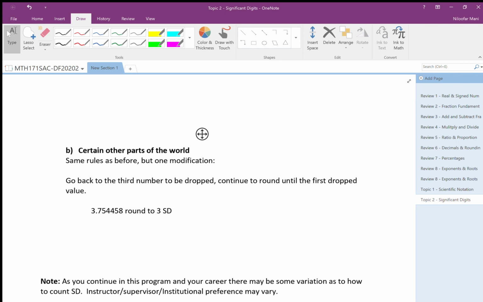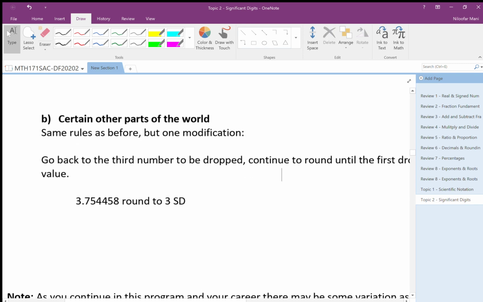For example, when we want to round, we go three digits after, and then we round one by one. Here I want to round to three significant digits. I underline that, then I go three digits, and then this digit will change to 6.